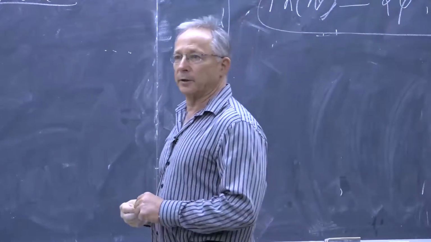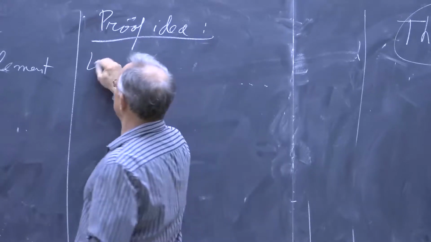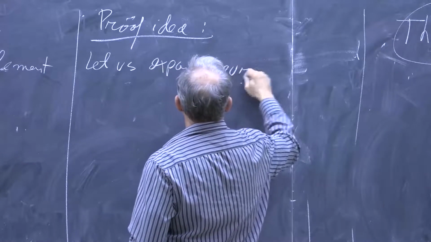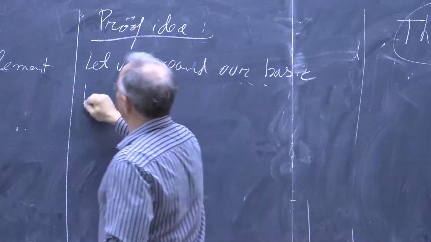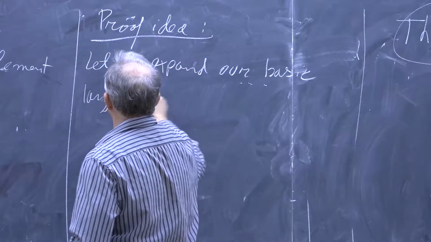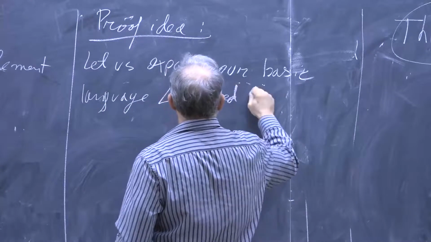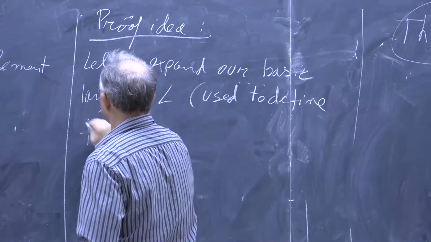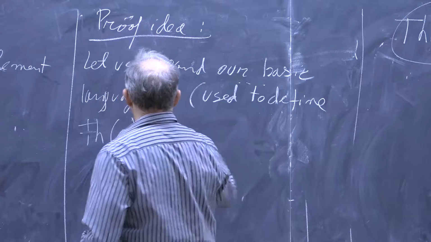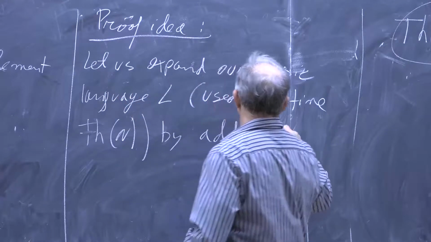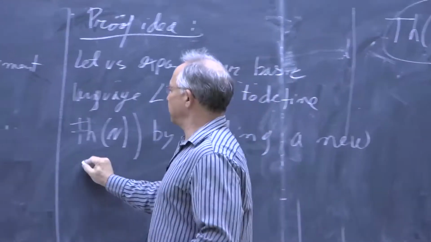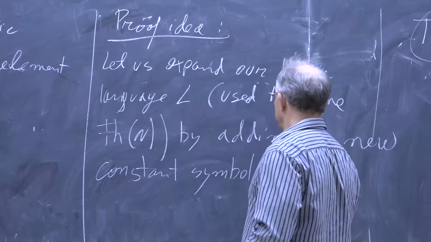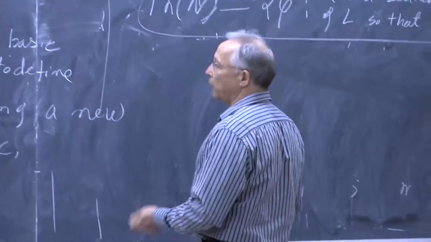Let us expand our basic language L used to define the theory of N by adding a new constant symbol C. So the language now has one more constant symbol.